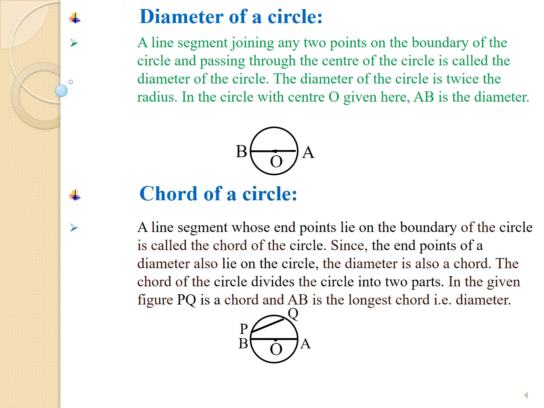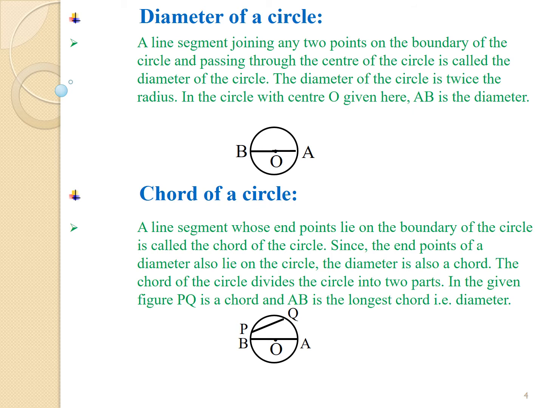Chord of the circle. A line segment whose endpoints lie on the boundary of the circle is called the chord of the circle. Since the endpoints of a diameter also lie on the circle, the diameter is also a chord.